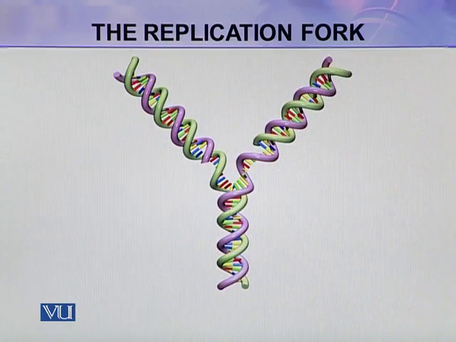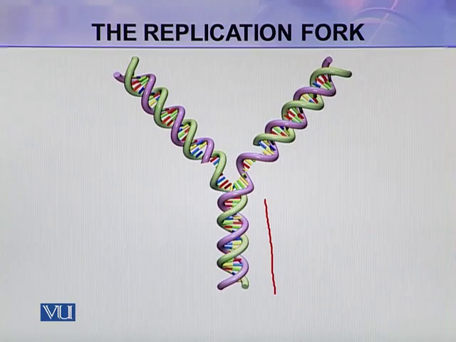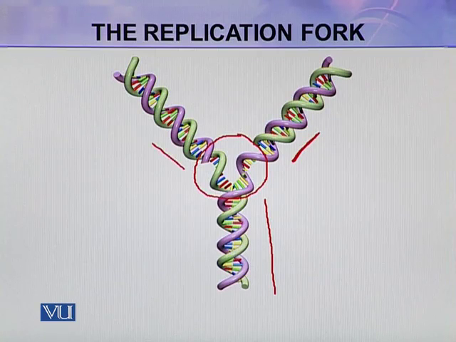Here you can see in this diagram, this is a double-stranded DNA, and when it replicates, it will open, it will bifurcate, and this is the junction between the single-stranded DNA molecules and the double-stranded DNA molecules. This junction is called the replication fork.